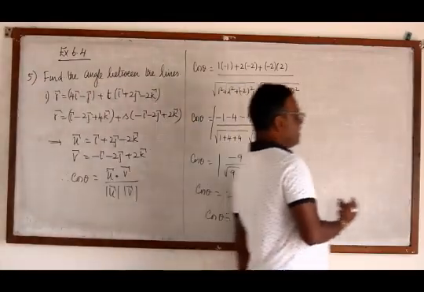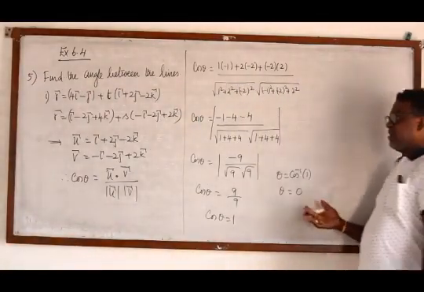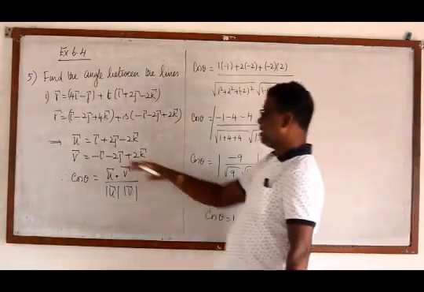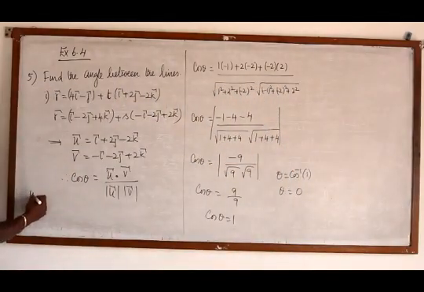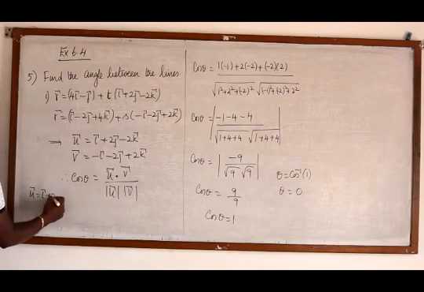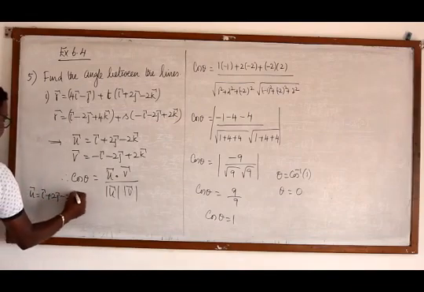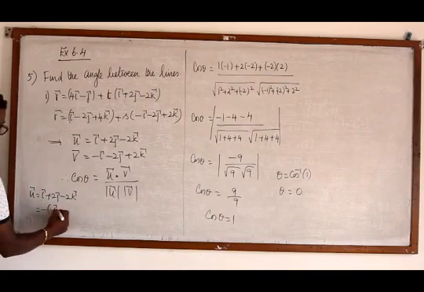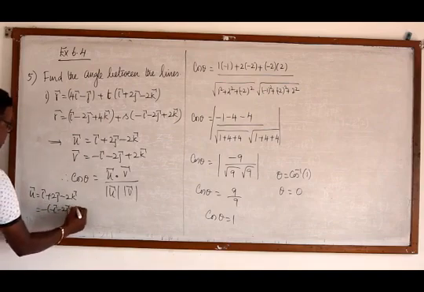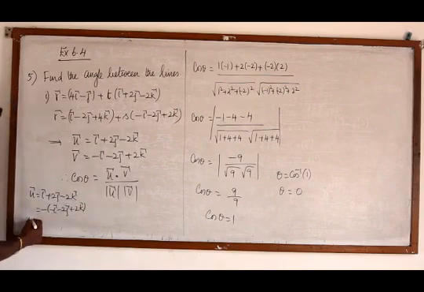But they have not asked to prove the lines are parallel. If they ask us to prove the lines are parallel, I can do it here itself. That is, u vector is i plus 2j minus 2k. Then if I take the minus sign out, it is minus i minus 2j plus 2k, isn't it? Then u vector is minus v vector. One vector is a scalar multiple of another vector.